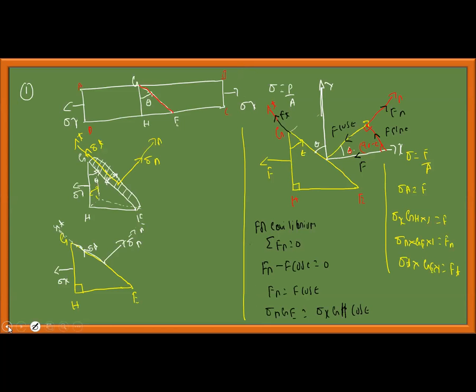Next, we have written sigma n into G E is equal to sigma x into G H cos theta. I want my sigma x to be represented as sigma n and sigma t. I want to find an expression for sigma n and sigma t in terms of sigma x and theta.